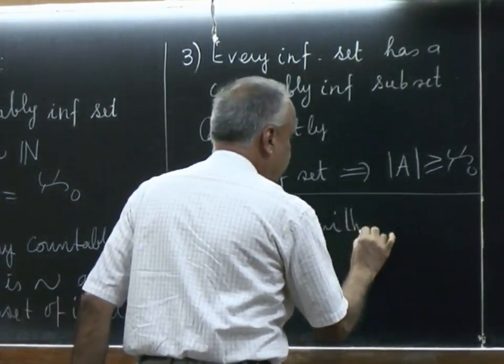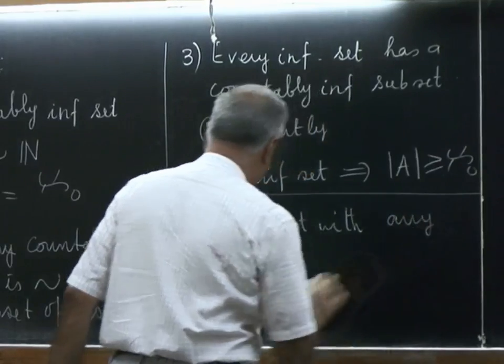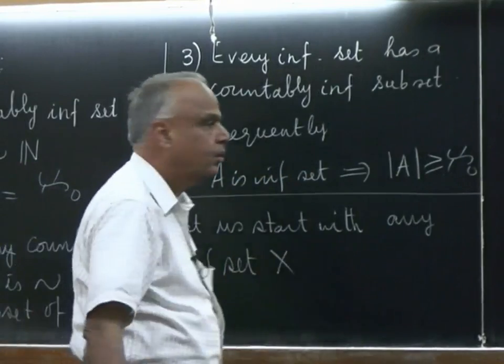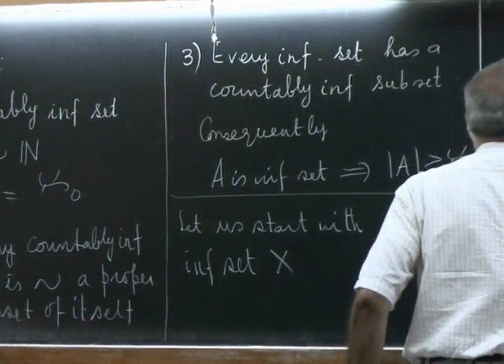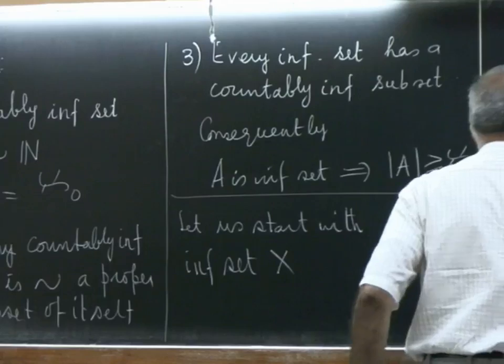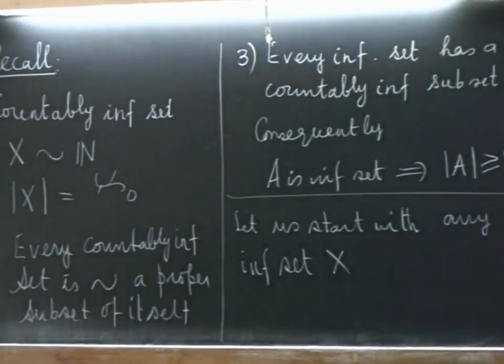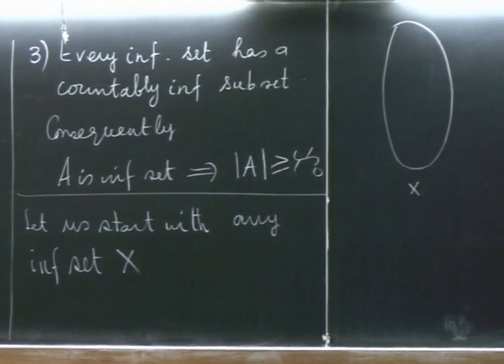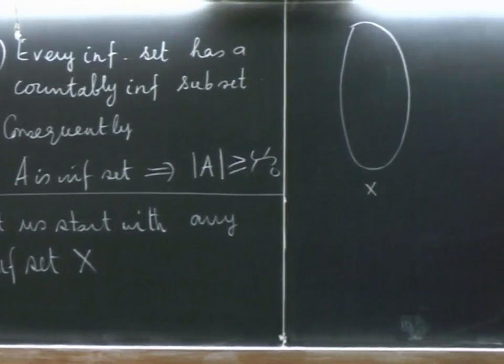any infinite set. Okay, so let me draw a picture. Start with any infinite set X. Then our property 3 says it has to have a countably infinite subset.